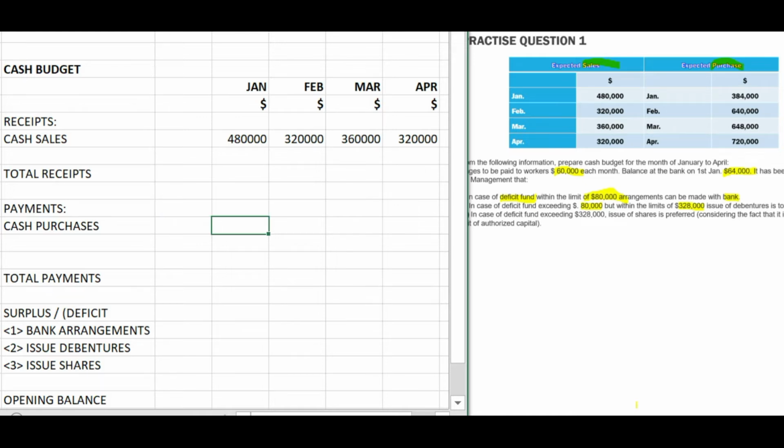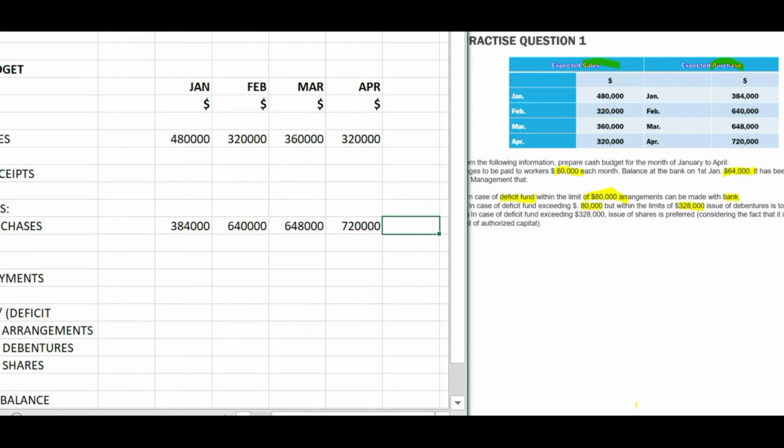So fill in the numbers: 384,000, 640,000, 648,000, and 720,000.